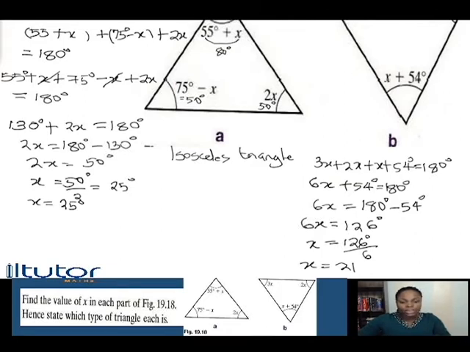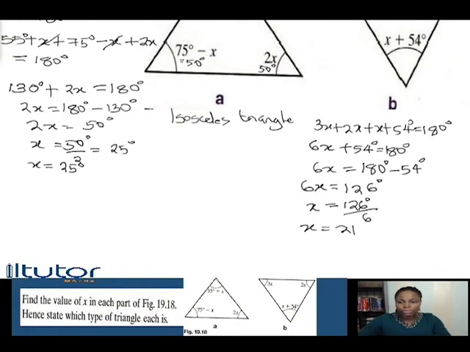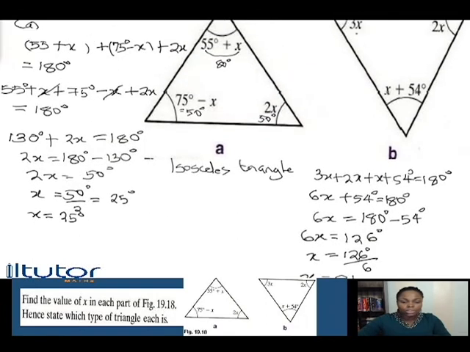Since x is 21 degrees, we have that 3 times 21 will give us 63. So the whole of this angle is 63 degrees.